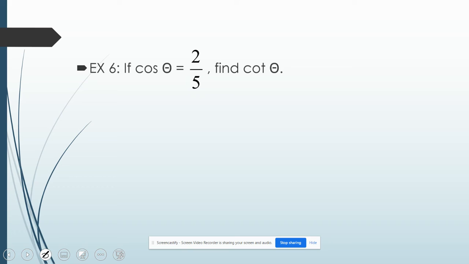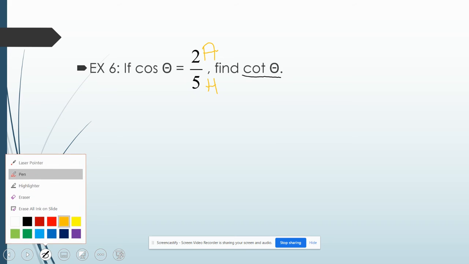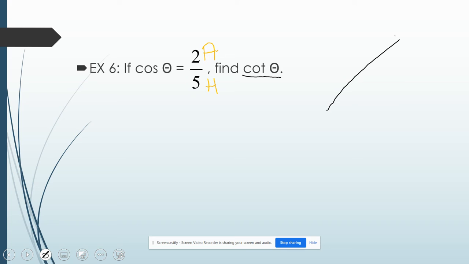Example 6. We know cosine, find cotangent. Cosine, CAH. So if I draw my triangle and I label theta, remember your right triangle doesn't always have to look like this.